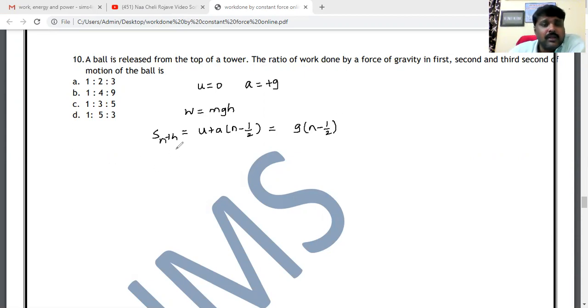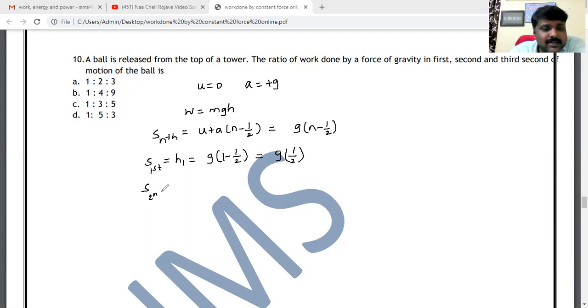Now, the displacement made by the object in the first second, let us say it as h1, equals g of 1 minus half, that is g of 1 by 2.